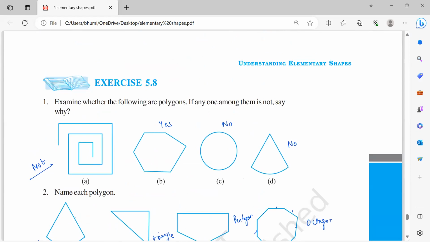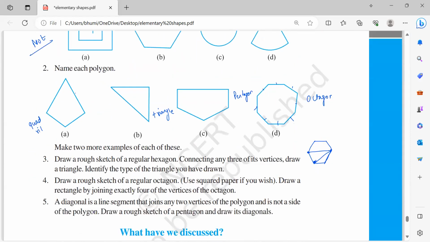This is exercise 5.8, right? This triangle is basically an isosceles triangle.